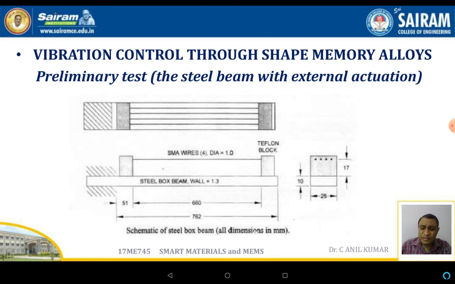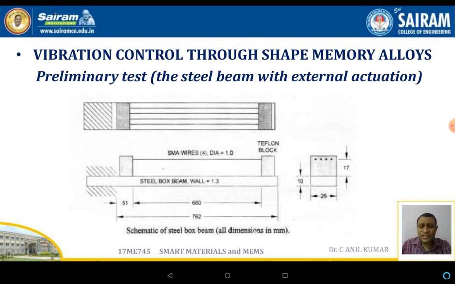The cantilever beam is made of a steel hollow tube with a cross section of 25 by 10, over which, at both ends, the fixed end and the free end, Teflon blocks are fixed. To the Teflon blocks, 4 wires are attached. These wires are nothing but the shape memory alloys.